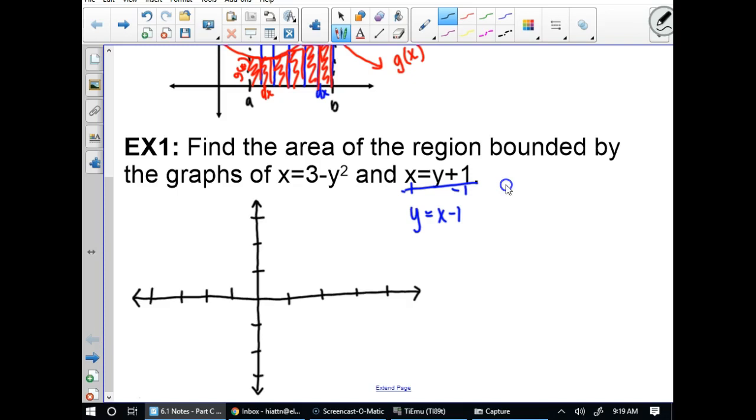Alright, so if I graph y equals x minus 1, then that has a y-intercept right here at negative 1, and then a slope of up 1 over 1.